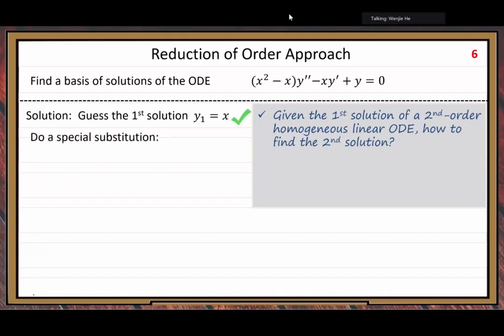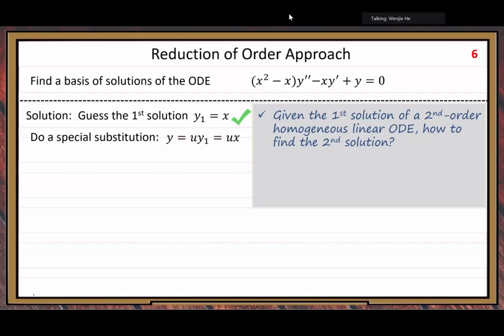Do a special substitution. We assume the second solution y equals u times y1. u is a function, u of x. Here, we introduce a new function u that is the ratio of y over y1.